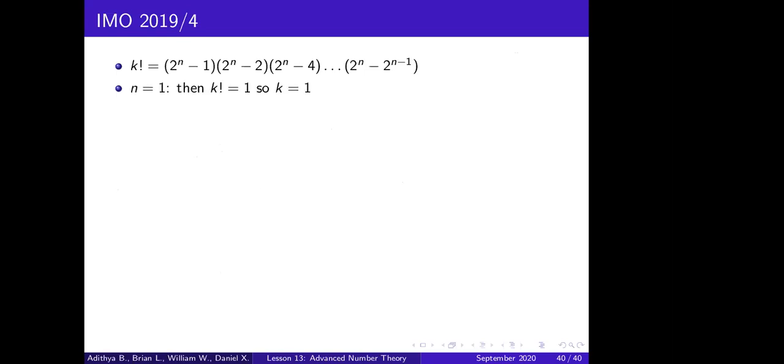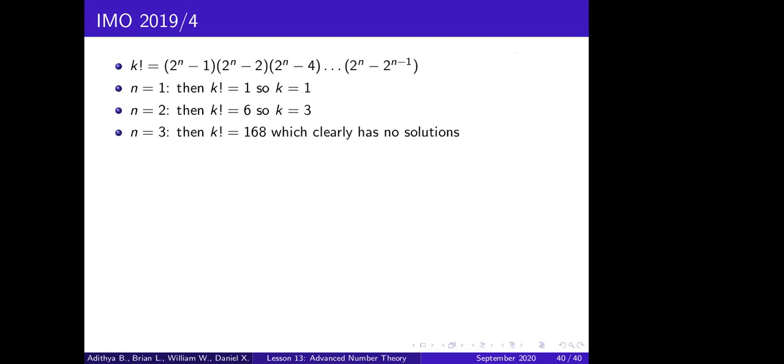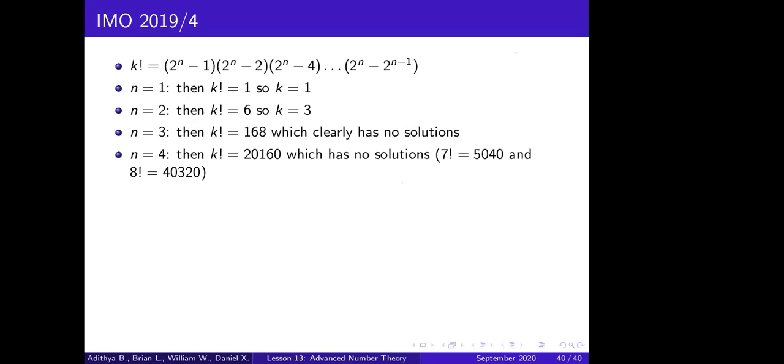So n equals 1, we can check is k equals 1. N equals 2 gives k equals 3. N equals 3 gives 168, and 168 is not the factorial of any number. And then n equals 4 gives 20,160, which is also not the factorial of any number because it's between 7 and 8 factorial.